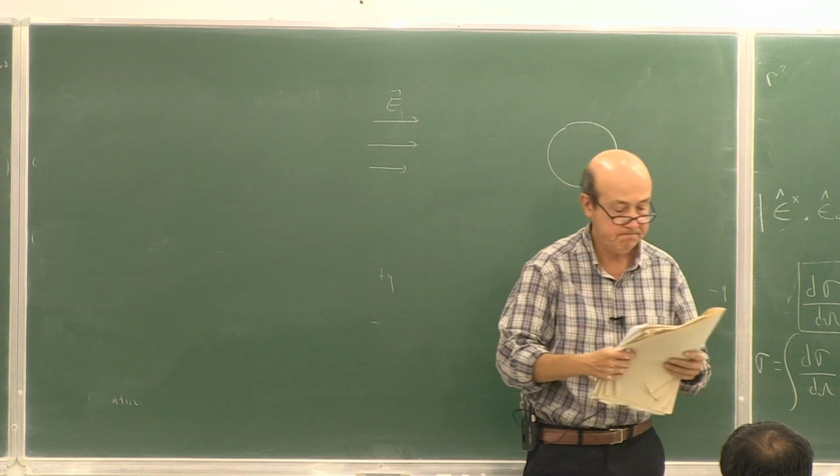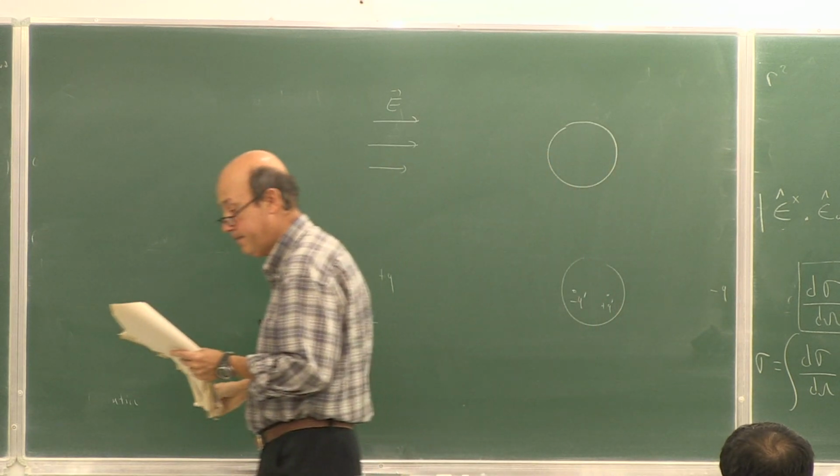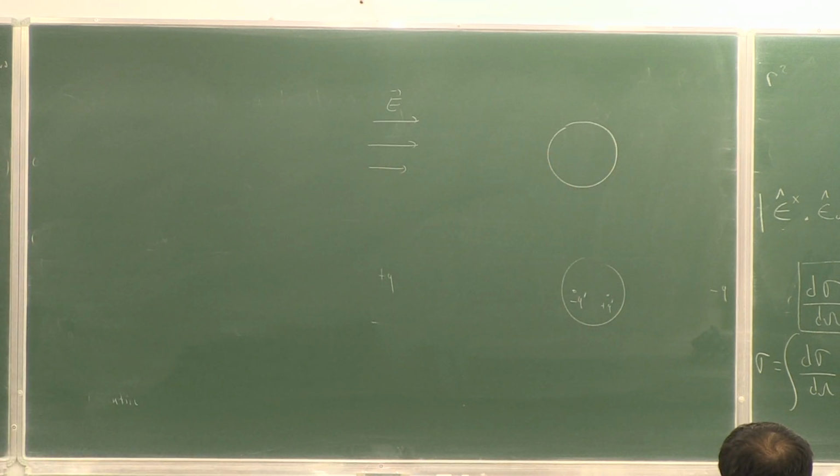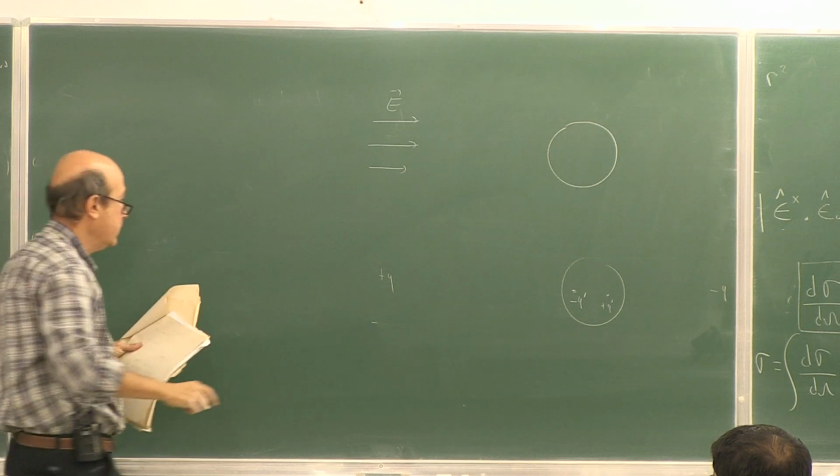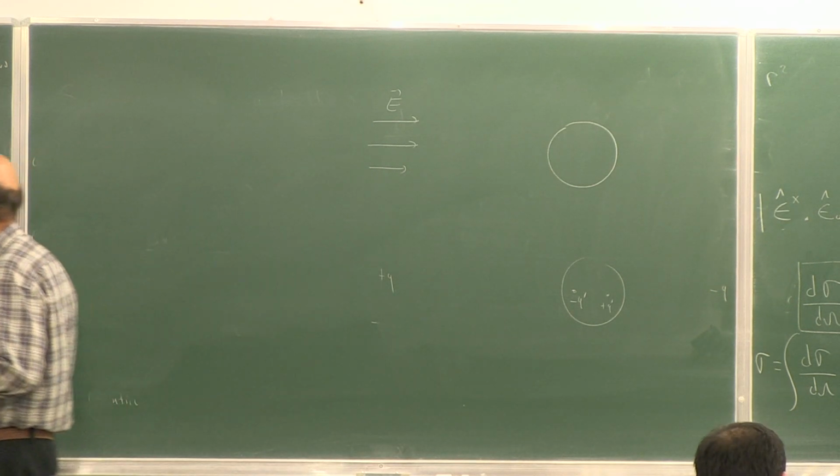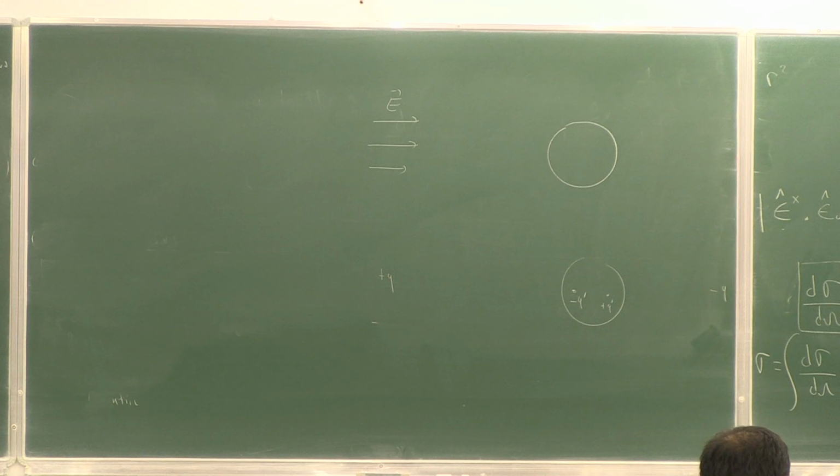So basically, the electric dipole moment of the sphere is 4 pi epsilon 0 a cubed times the external electric field. In our case, the external electric field is the incident electric field.